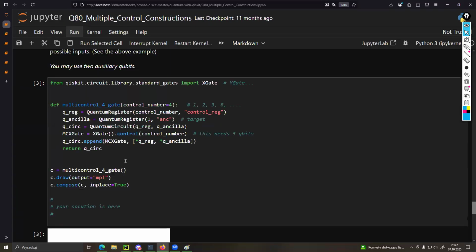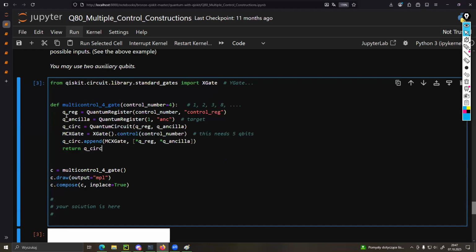Yes, so this is it. For example, instead of this QCirc, it could be directly your solution. You just want to import an XGate from the main library, instantiate the XGate, and use its direct method, which is called control.